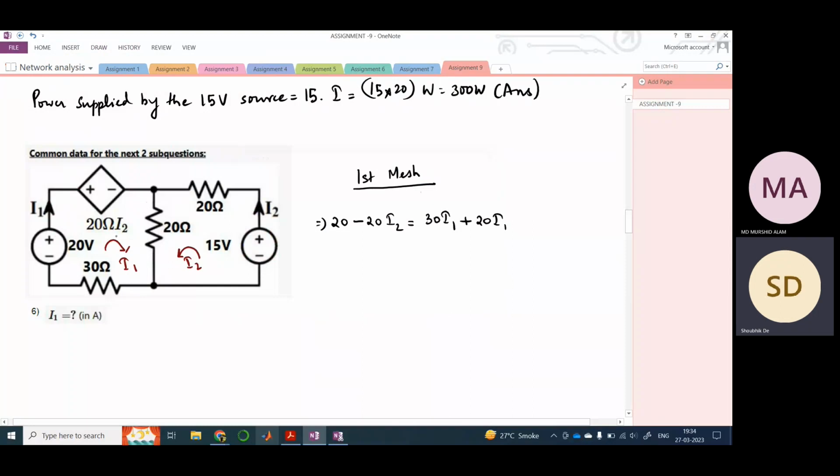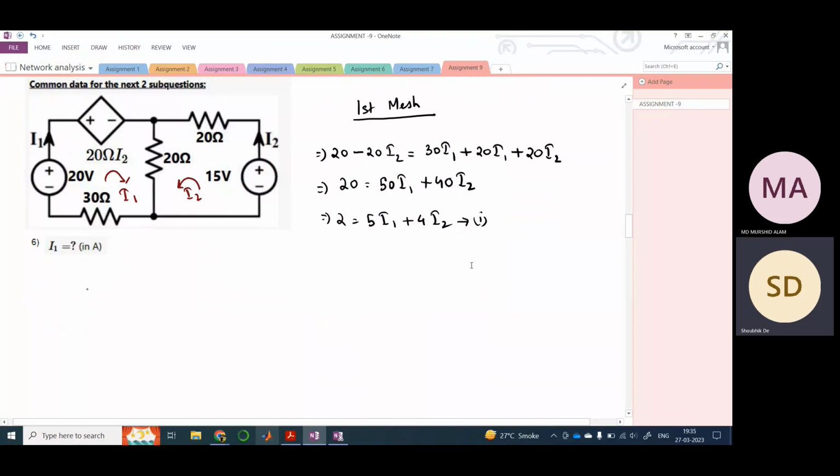Because you see I1 is entering the 20 ohm from the top part, and I2 is also entering, right? So therefore this would also be plus and not minus. So this would be 20 equals 50 I1, and this would go to this side, this would be 40 I2. So this would be 2 equals 5 I1 plus 4 I2. And let us take this as our first equation.